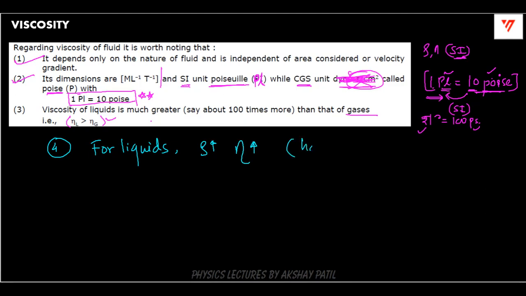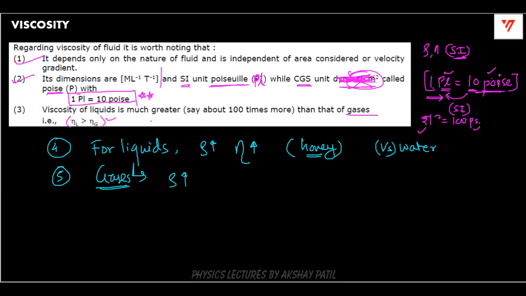For example, if you compare water and honey, which is more viscous? Obviously honey, because its density is higher. Now if I talk about gases, it is a little different.